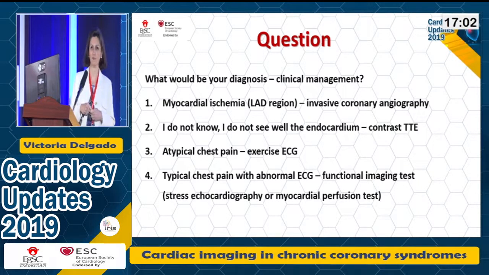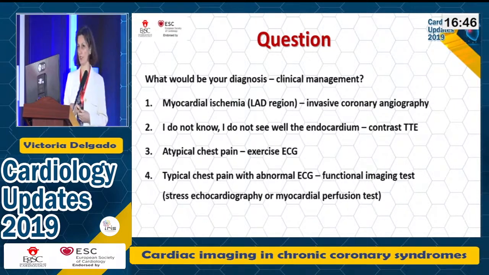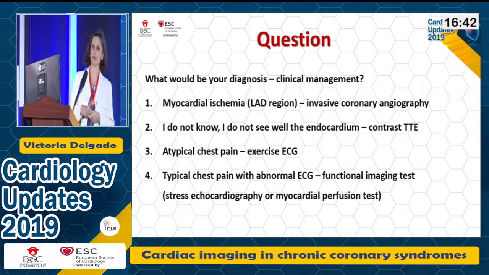No one? And the third: this patient explains atypical chest pain, and I will ask for an exercise EKG. Is anyone in favor of this one? And the fourth: this is typical chest pain with abnormal EKG. I will request a functional imaging test, stress echocardiography, or myocardial perfusion test. So this is the majority.